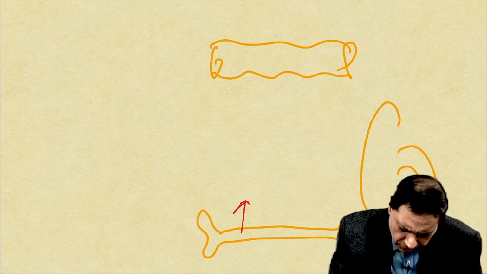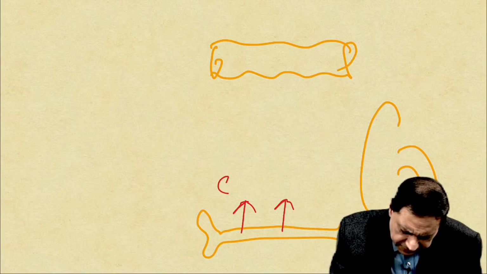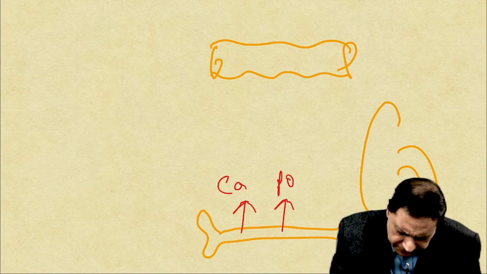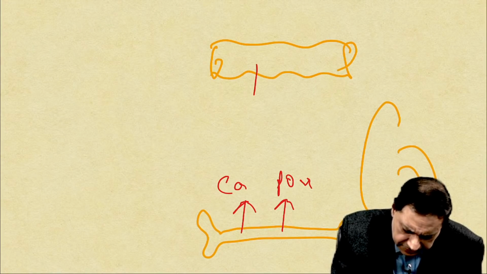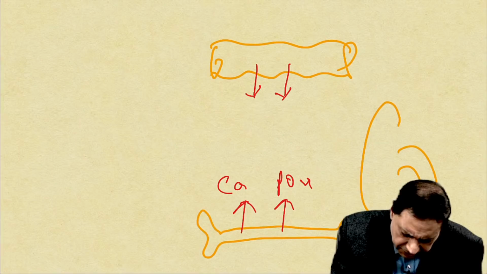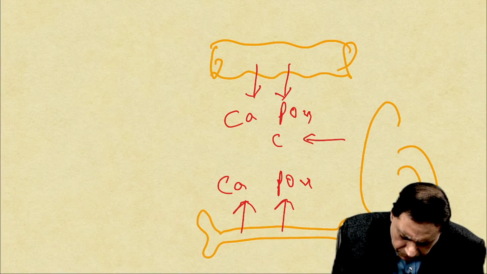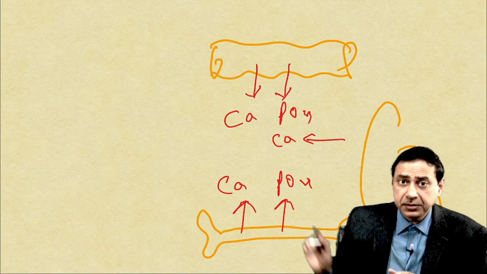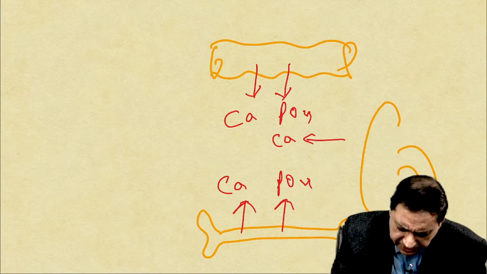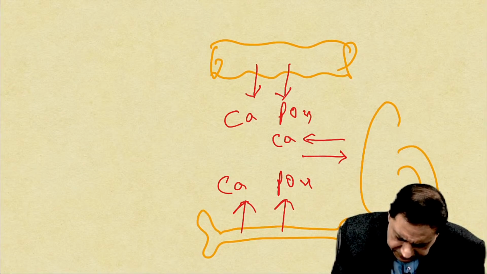Parathyroid will dissolve calcium and phosphate from here. Calcium, phosphate. Parathyroid will absorb calcium and phosphate from here. Parathyroid will reabsorb calcium, but try to remember, in the kidney it will excrete phosphate.